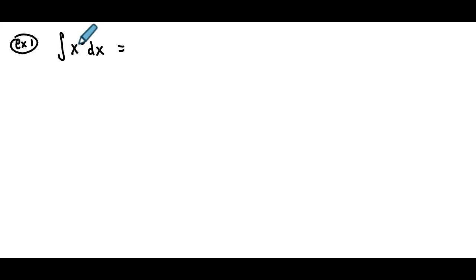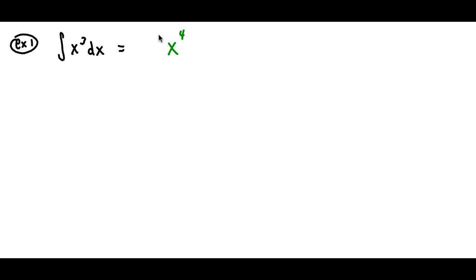So I'm going to think about how I find the derivative. Well, I found the derivative by decreasing my power by 1. So if the power ended up at 3, then I would have to add 1 to my exponent to get the original power, which was 4. And then remember, normally, if I have the derivative of x to the 4th, I take the power to the front and multiply by x to the 4th.